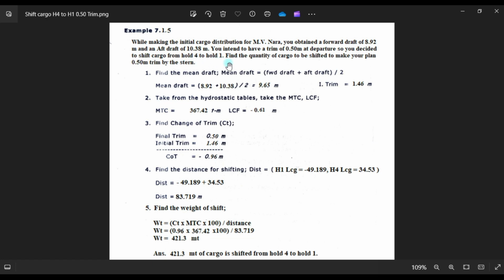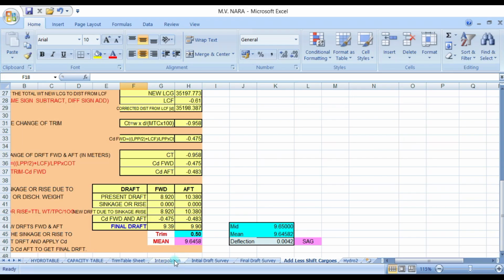So if you ship cargo of 421, you will have a trim of 50 centimeters. Now your final drop forward will be 9.39, and your final drop aft will be 9.90.